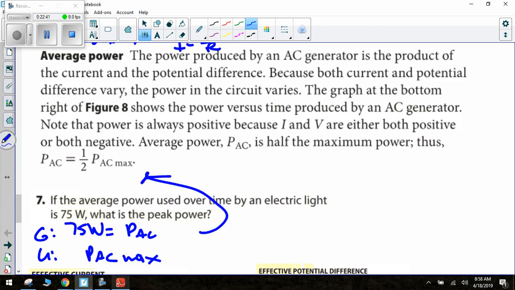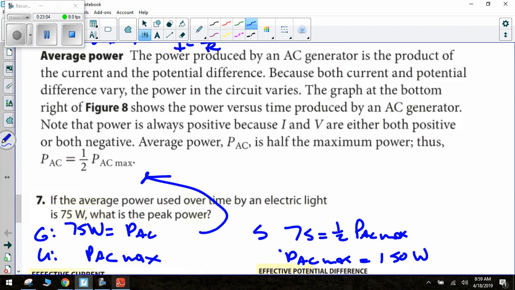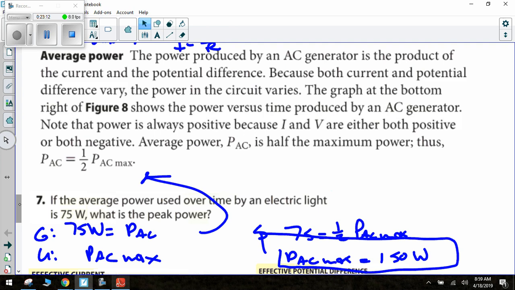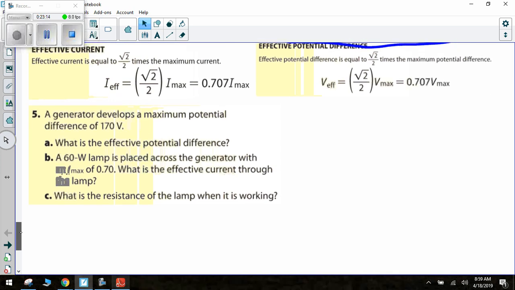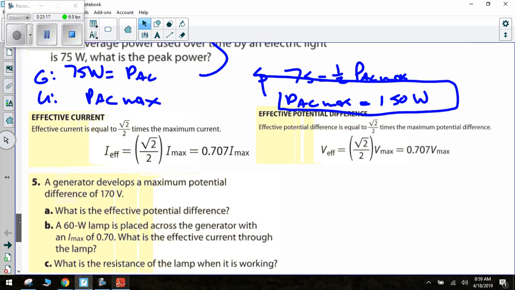We're running out of time, so I'm trying to get this in. Solving, we just have 75 is equal to 1/2 PAC max, which tells me that PAC max is equal to 150 watts. Put this on here just because I know for a fact that people missed this on the homework. 150 watts, yes.